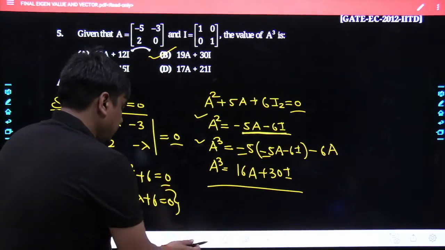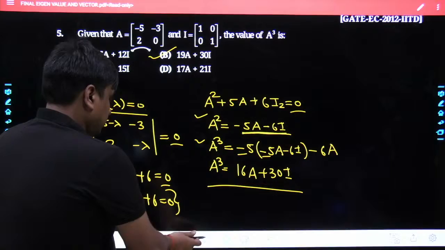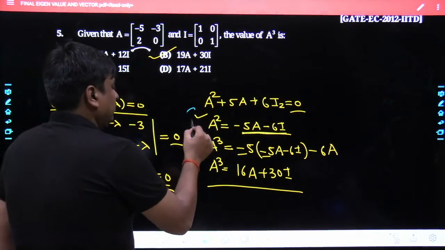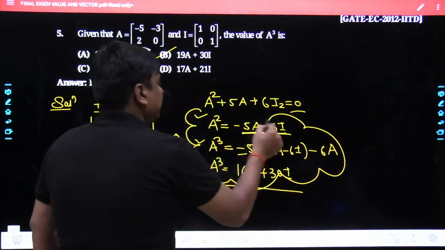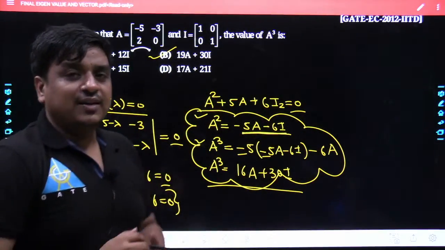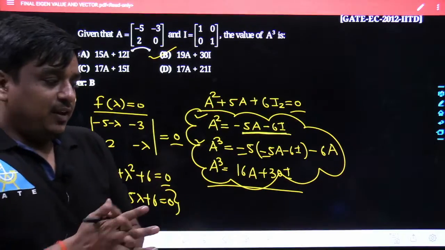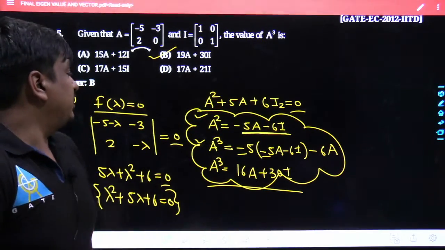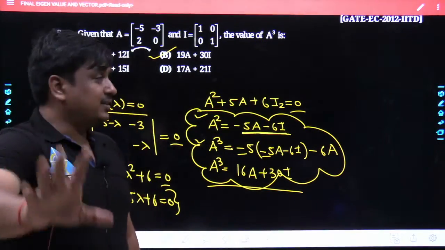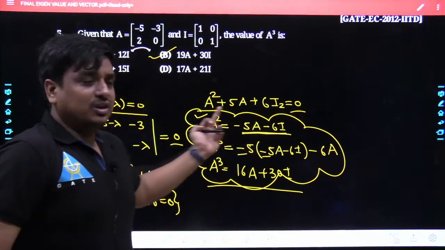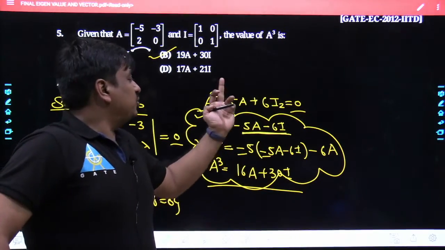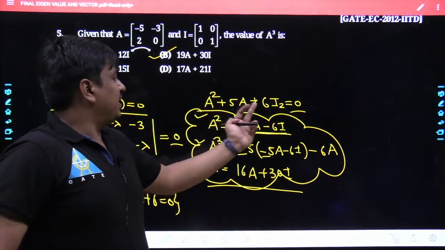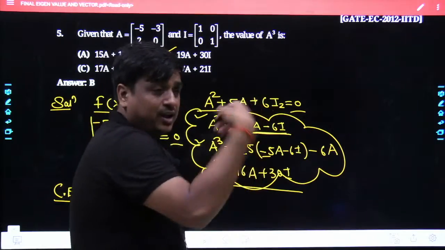So far we saw the A square and A cube got calculated. Even with the help of the same concept, you can calculate the value of A inverse also. I'll just give an example. Multiply A inverse on both sides. So A inverse into A square would become A. 5 into A inverse into A would become 5 of I, and here it's simply going to be 6 times of A inverse.